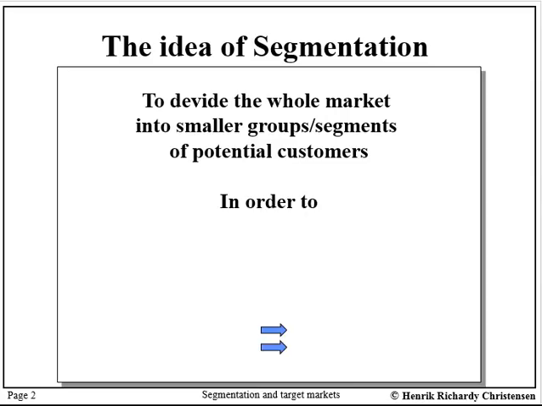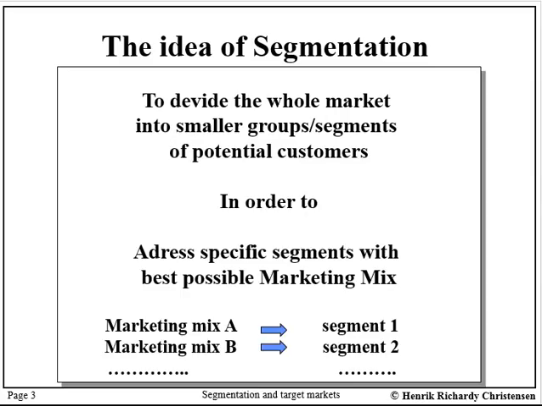We are going to divide that market in order to address specific segments, and having those segments, we will be able to address them with the best possible marketing mix. That's the idea about making segmentation, that we can end up choosing segments where we can address, as you can see, a marketing mix A to segment 1 and a marketing mix to segment 2.